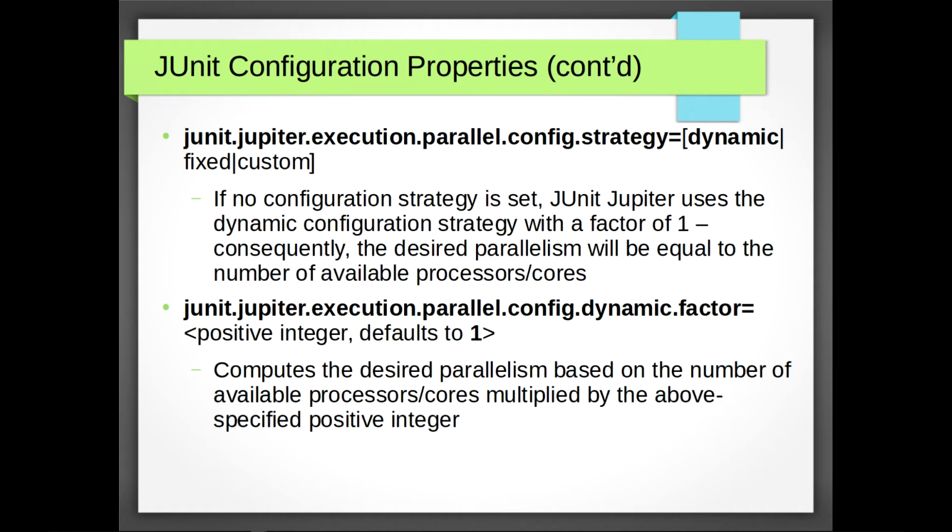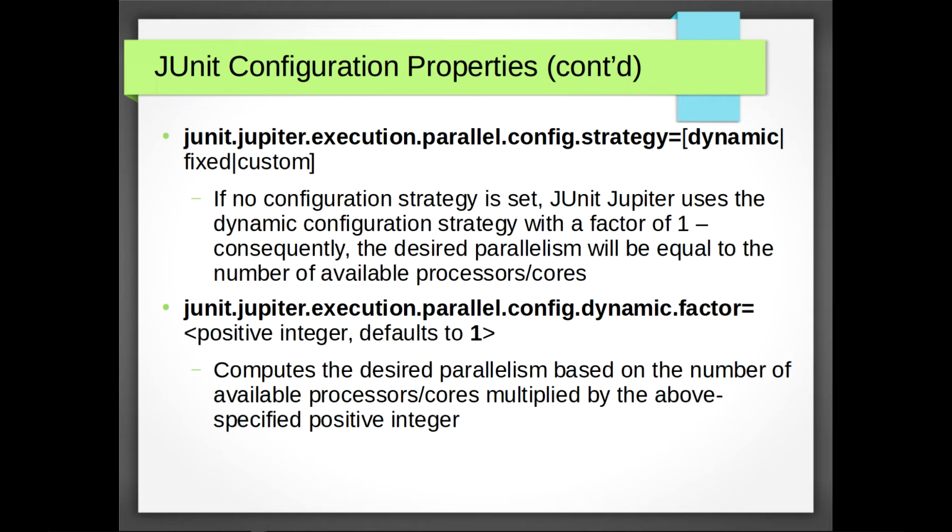Alright, so when we use the dynamic configurations parallelism configuration strategy, we must also use a factor, the parallelism factor, which is specified by junit.jupyter.execution.parallel.config.dynamic.factor equals a positive integer and defaults to 1.